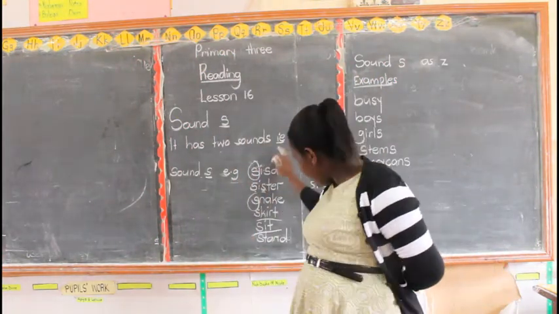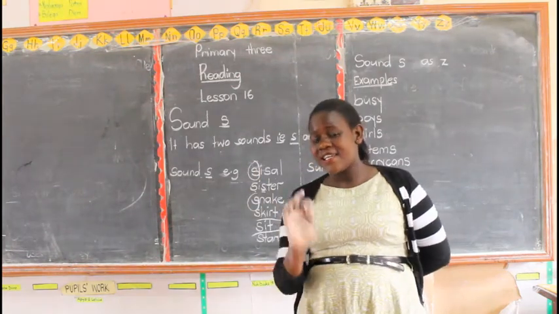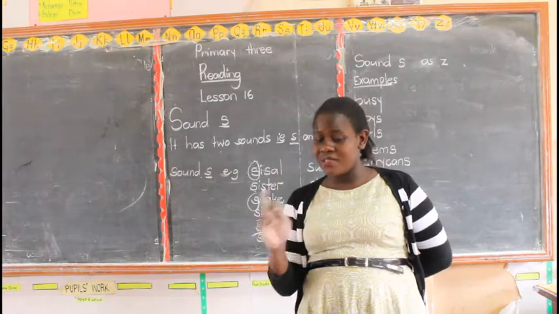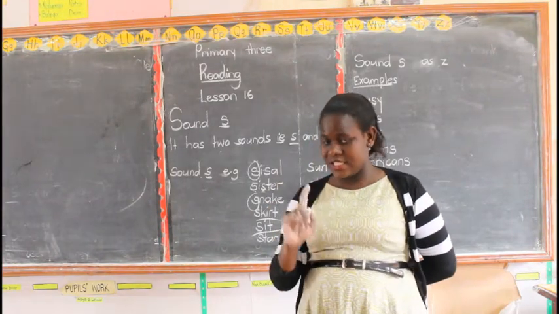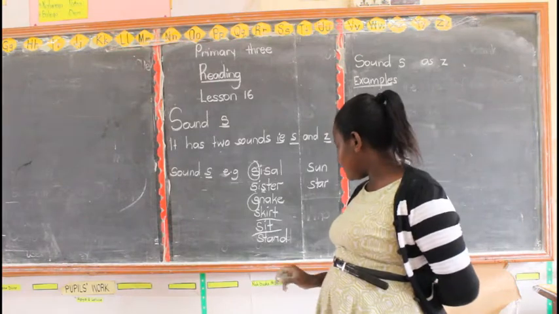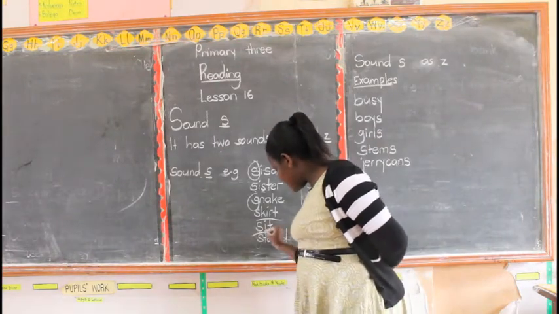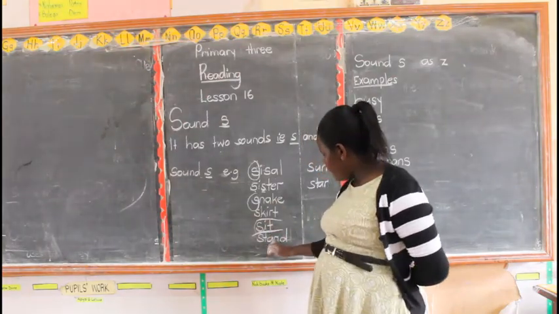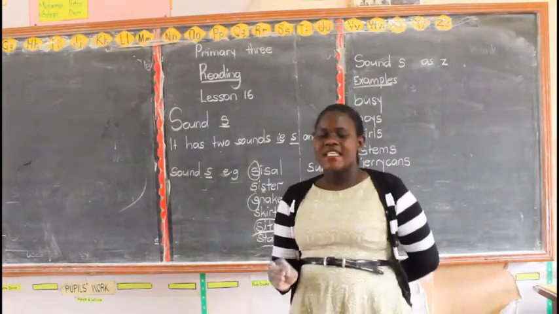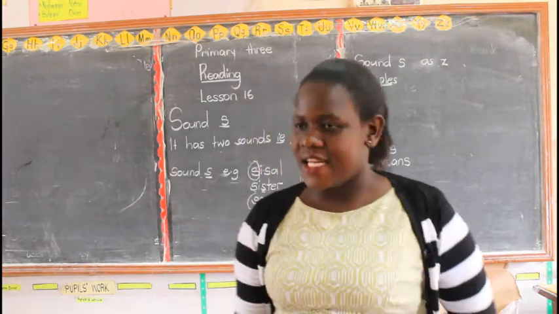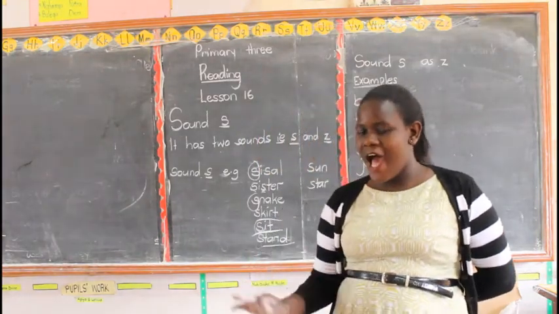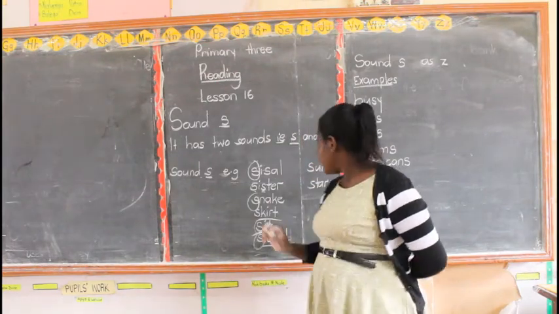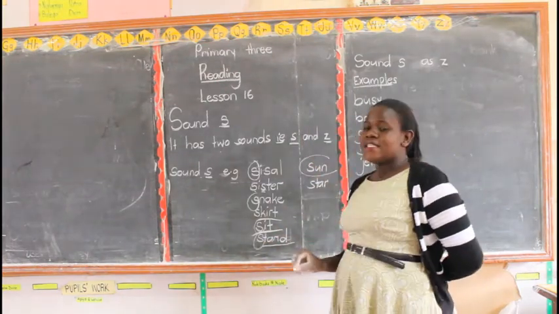All of these words with the letter S are sounding S. I have not touched those ones sounding Z yet. So we have sit. We have this one here: stand. Are you hearing that letter S sounding? That is good.